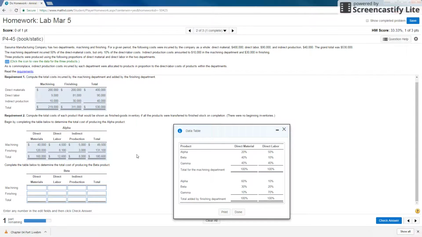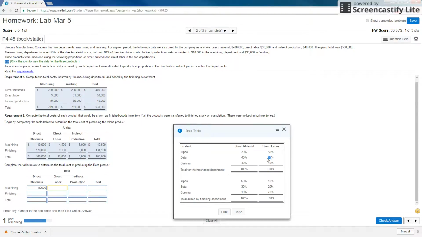It's just everything all over again just for the beta. So I strongly suggest to do it by hand and then check with me. So if you want to do that, pause the video and go solve it. So the direct material for beta is 40% of 200, so it's 80,000. Direct labor is 50%, so 50% of 9,000.